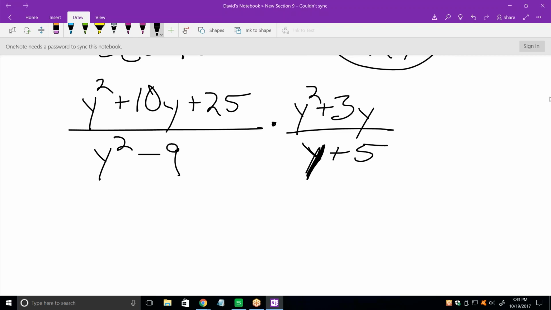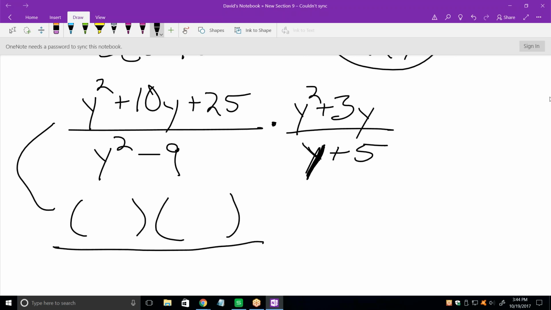Okay, let's start with the upper left. Factor that upper left. Standard quadratic factoring. In other words, there's no greatest common factor, and it's not difference of perfect squares. Would there be a y outside of the two brackets?